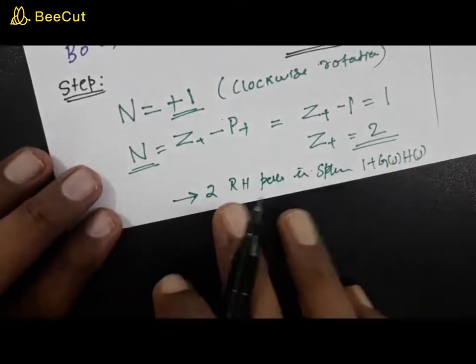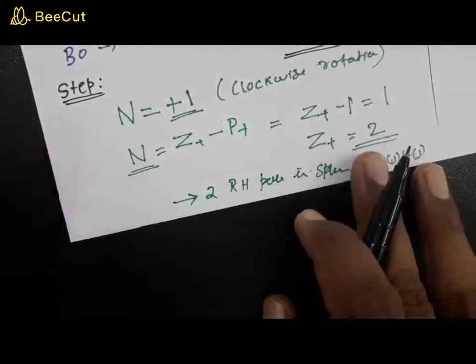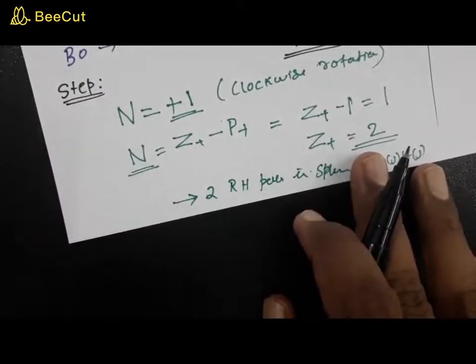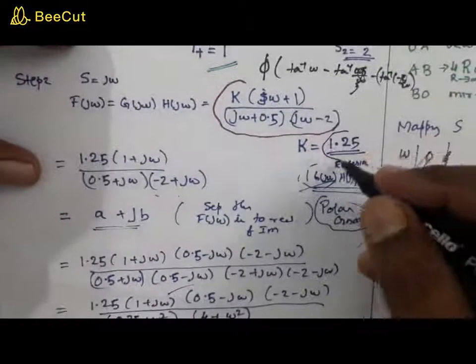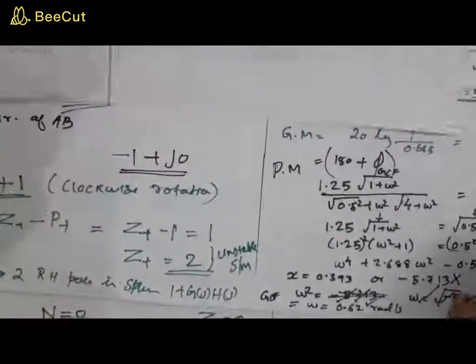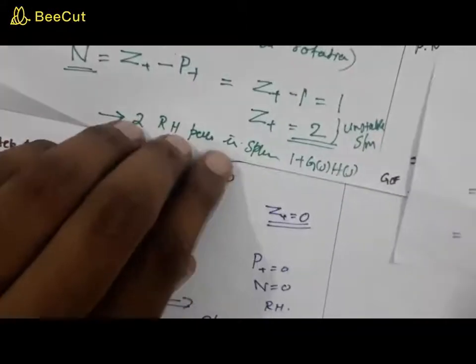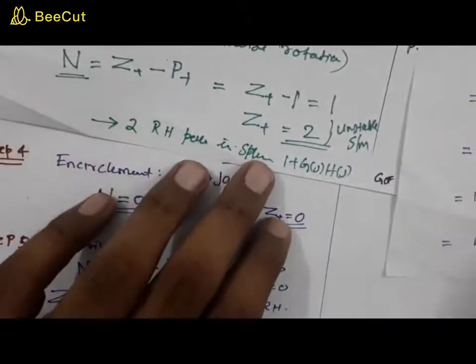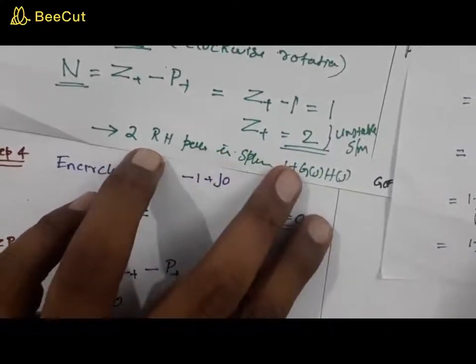So it has 2 right half poles in the S-plane for 1 + G(s)H(s), which makes the system unstable. We have seen that for k equal to 1.25, the system is unstable, since Z+ is equal to 2, referring to 2 RH poles in the S-plane in the plane of 1 + G(s)H(s).